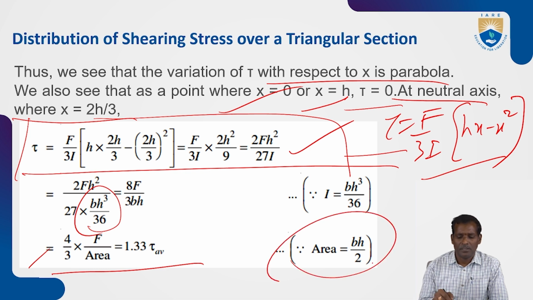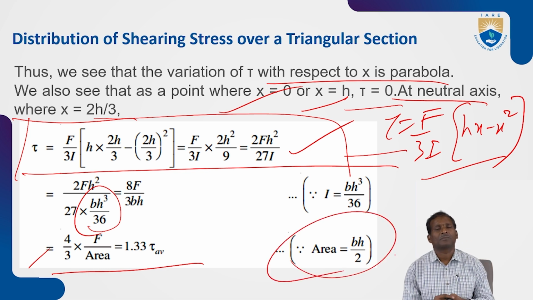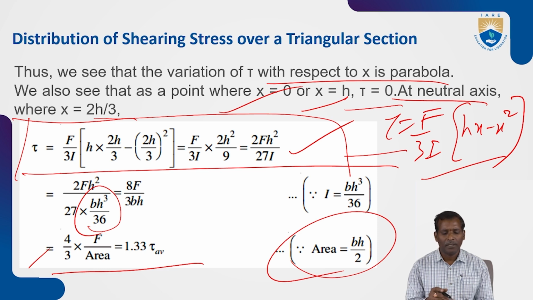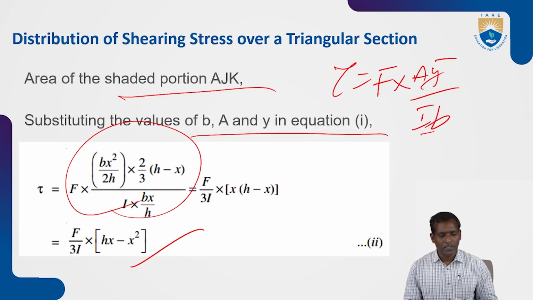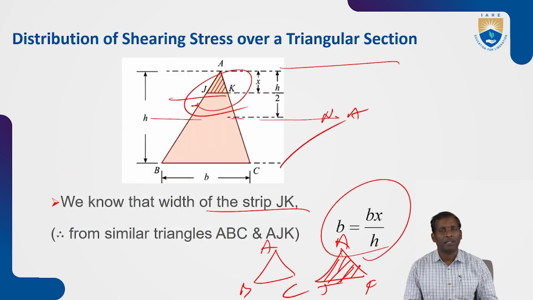That is, area is equal to bh by 2. For a triangular section, the moment of inertia is bh cube by 36.